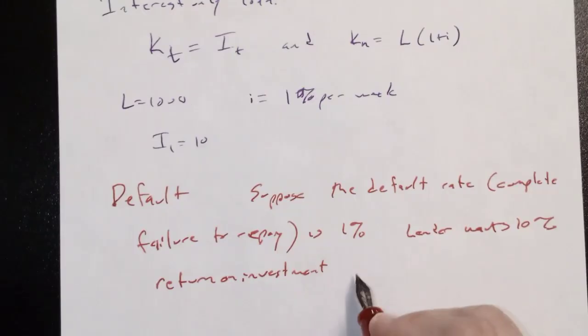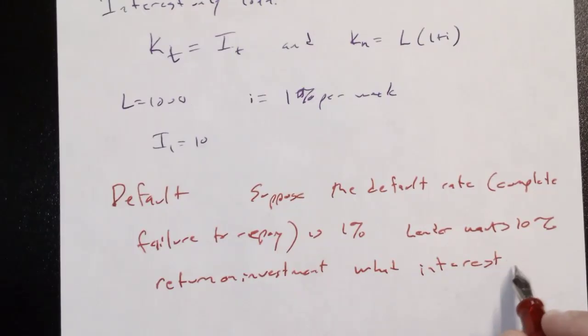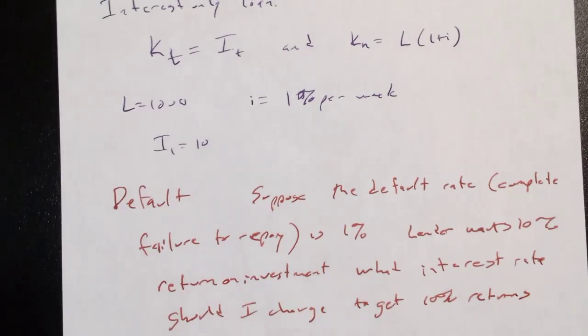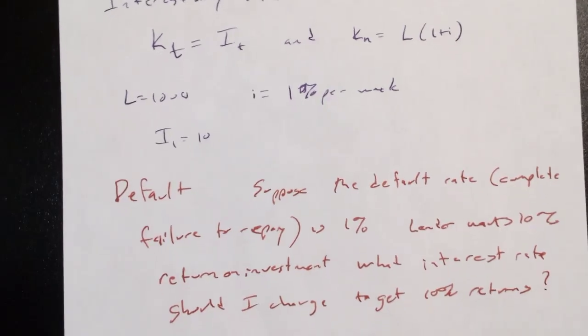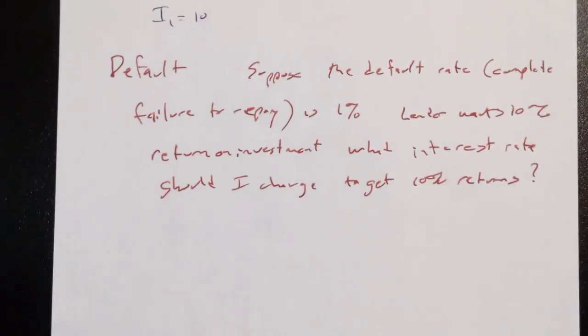So I need to ask, what interest rate should I charge to get 10% returns? Huh. All right, wait a minute. Let me make my life easy. Let's assume there are just 100 people in the group.